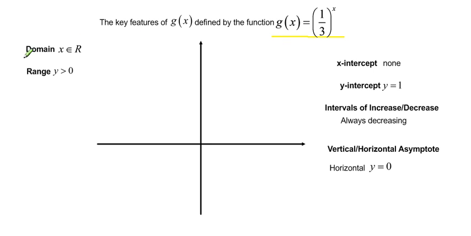So the domain of the function is R, since we can appreciate that I can use any value for x and still get the result for the y coordinate. The range of the function is y is greater than 0.